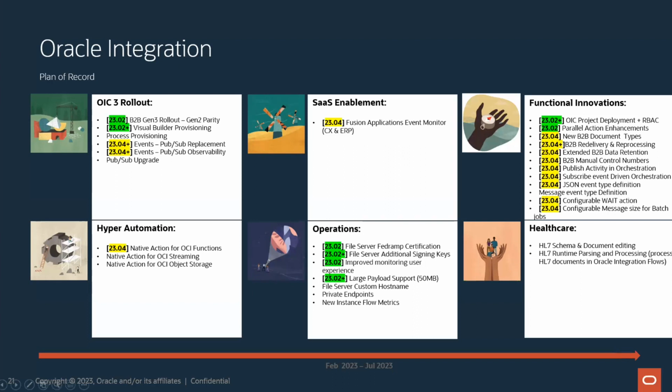Now, looking at the functional innovations, one that we'll be looking at again today is OIC project deployment. 2212 brought us OIC projects, which was like the V1 of OIC projects. V2 includes the deployment, and we will be looking at that a bit later.